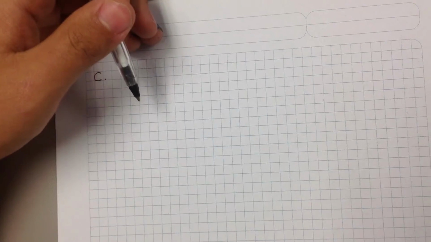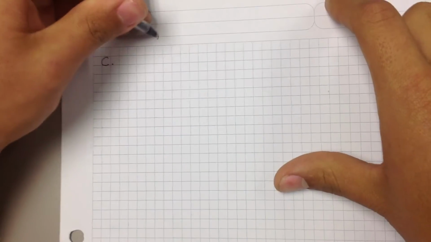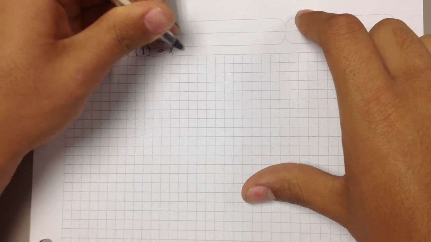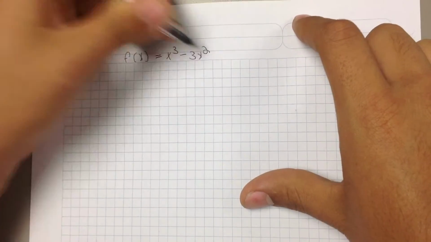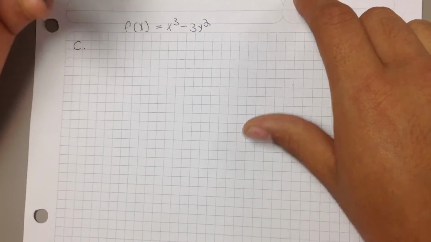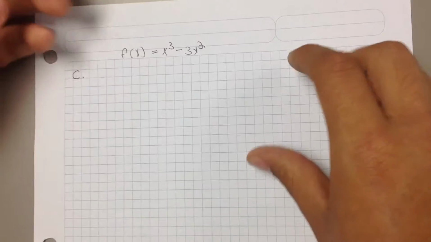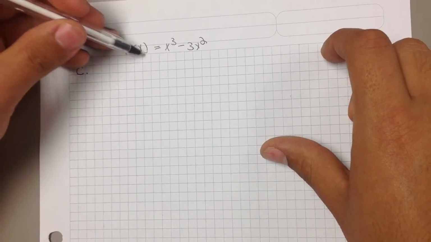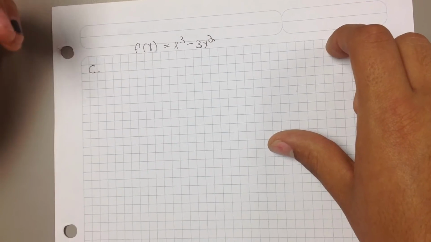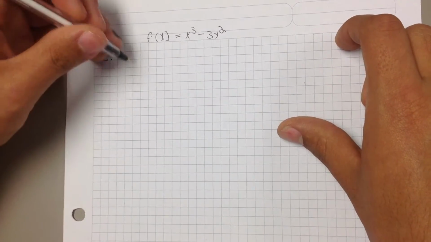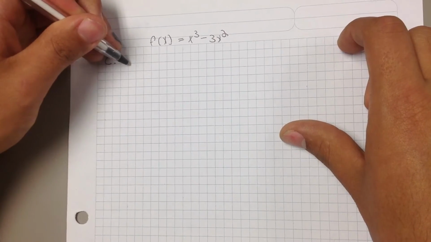Now we're going to try to find the symmetry of our function. Well, as we know, our function is f(x) equals x cubed minus 3x squared. How are we going to know the symmetry of our function? First of all, we're going to have to replace the x, the number that we don't know, with one number in negative and positive sign. So in this particular case we're going to choose number 1.